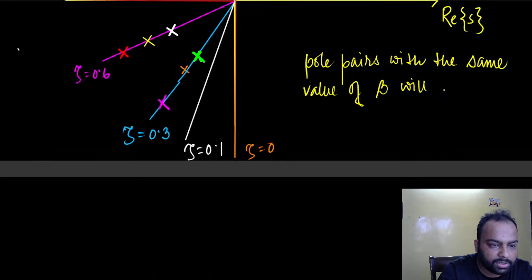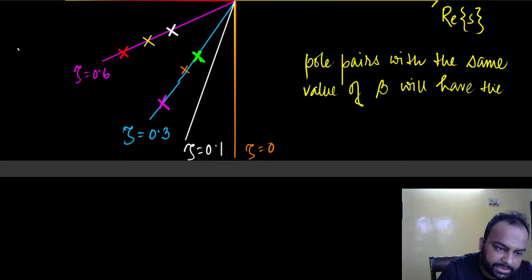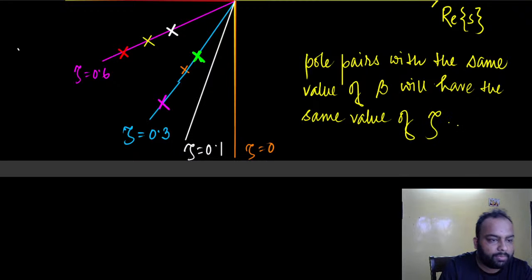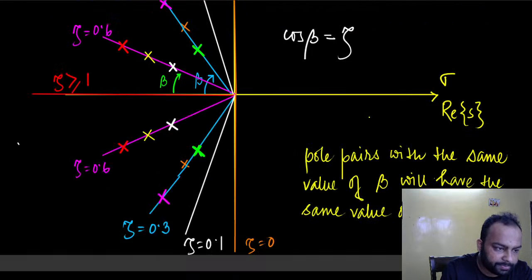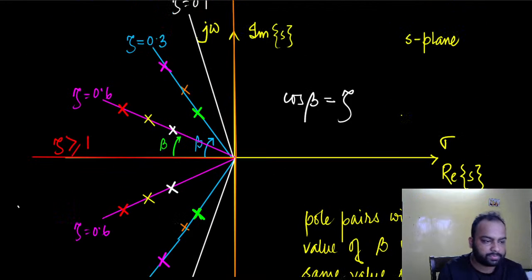I know my head is blocking this. Pole pairs with the same value of beta will have the same value of zeta. Got it?